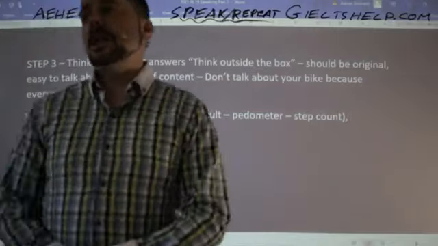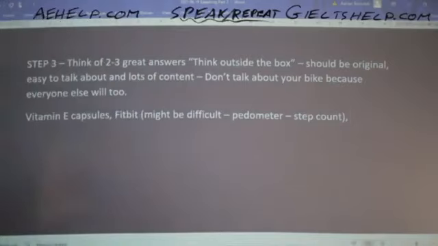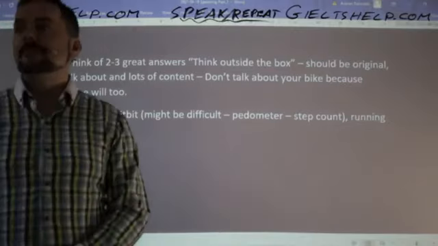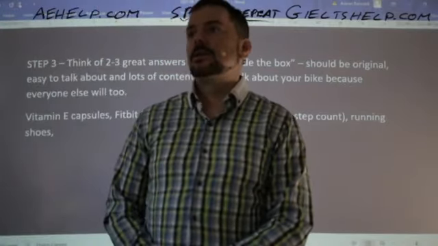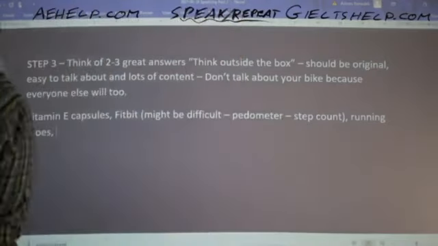Okay. Gliding Wave says running shoes. Yeah, it's nice and easy. Lots to talk about, and probably not as popular as a bicycle. So running shoes is not bad. Sumant Pant says a mask. Okay. What kind of a mask?